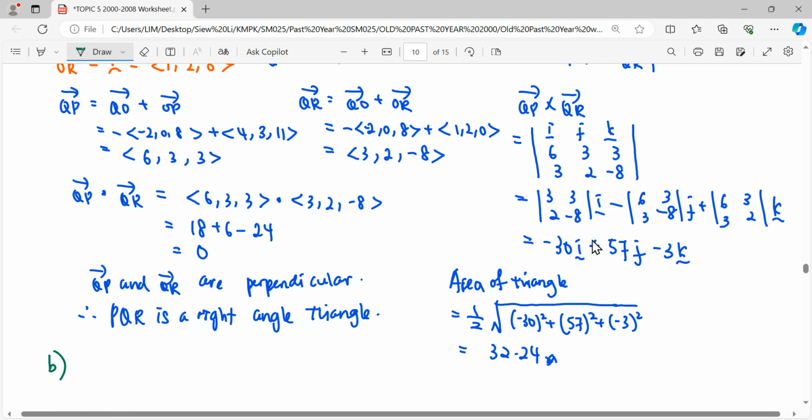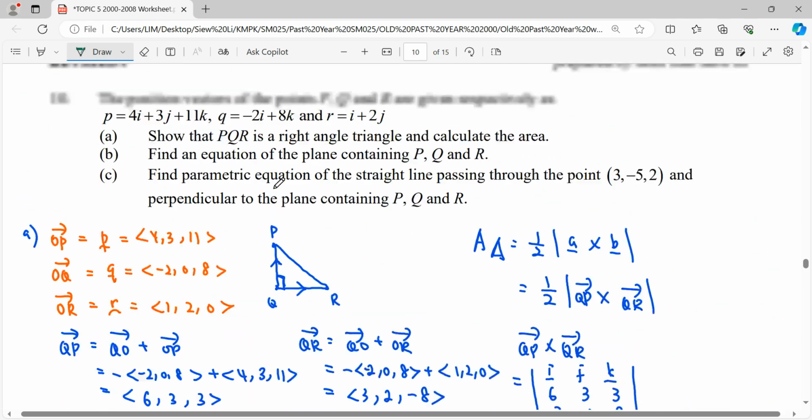If you don't want to write the answer in decimal, you can put it as 3 over 2 root 462. Then we continue to question B.